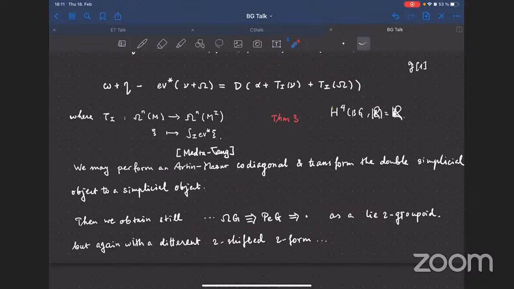But this symplectic form will become a different 2-shifted form. That's why, when you use a different way to integrate, you cannot promise to end up with the same form, but hopefully they stay in the same class. Whether this form stays in the same class, differing by another exact form, is still under calculation. As I said, it's a work in progress.